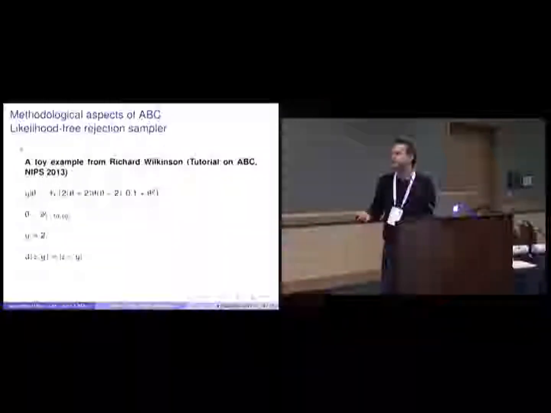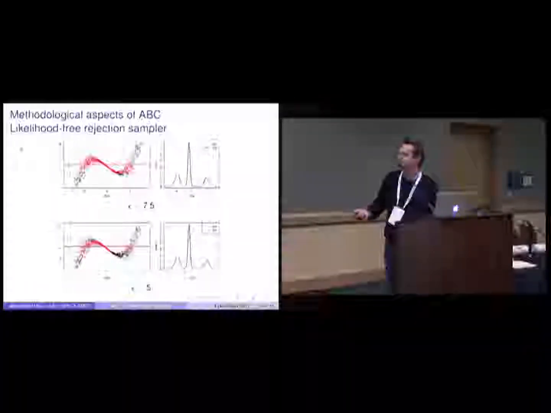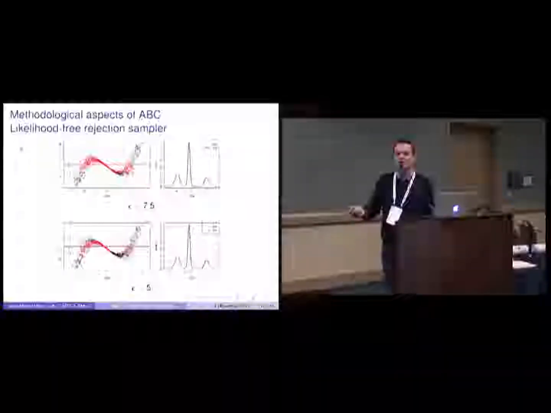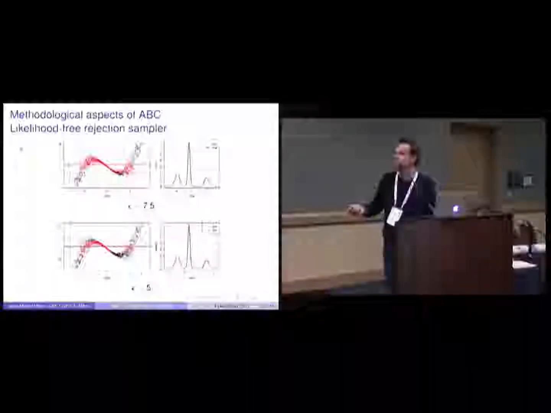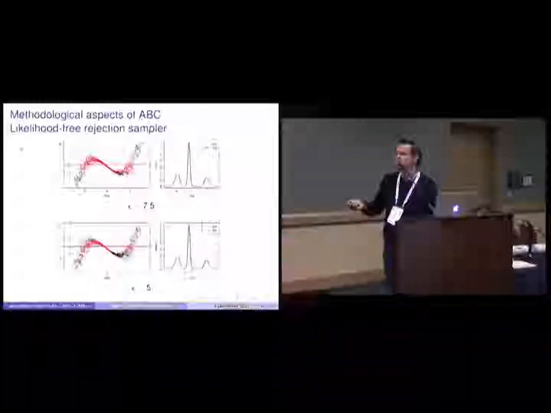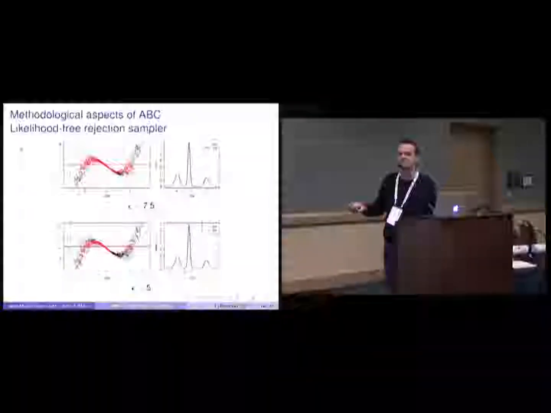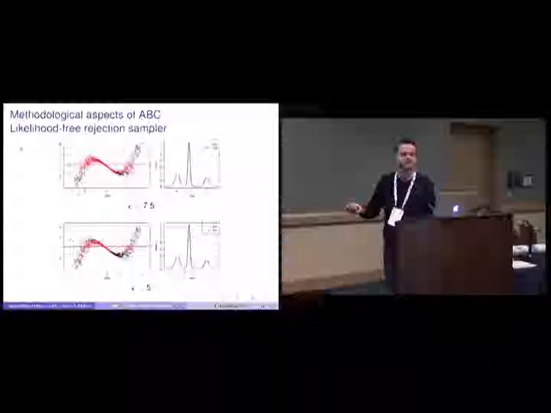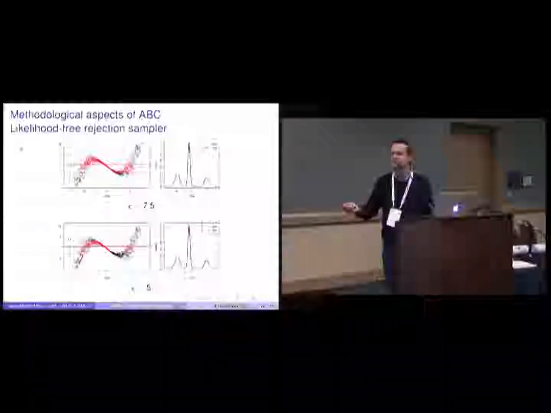Why not? And look what happened. So here is a simulated theta, here is a simulated y. The red line corresponds to the observed y equal to 2, and the two dashed red lines correspond to epsilon, the bound within which you accept. And here you have the difference between the true posterior and the ABC approximation, which is a kernel density estimator based on the accepted points within the bound.